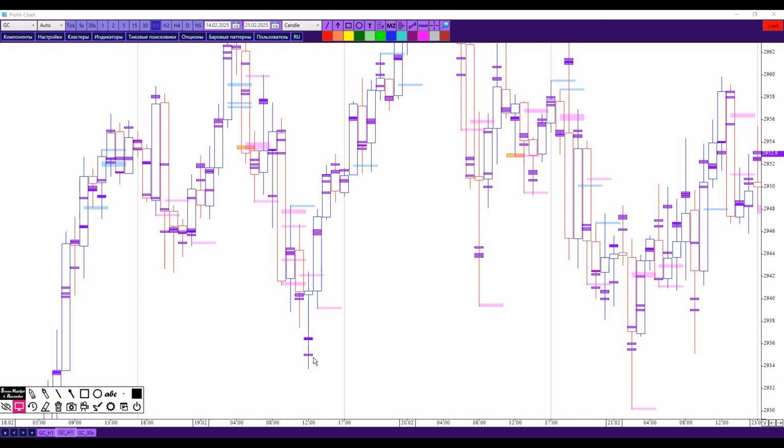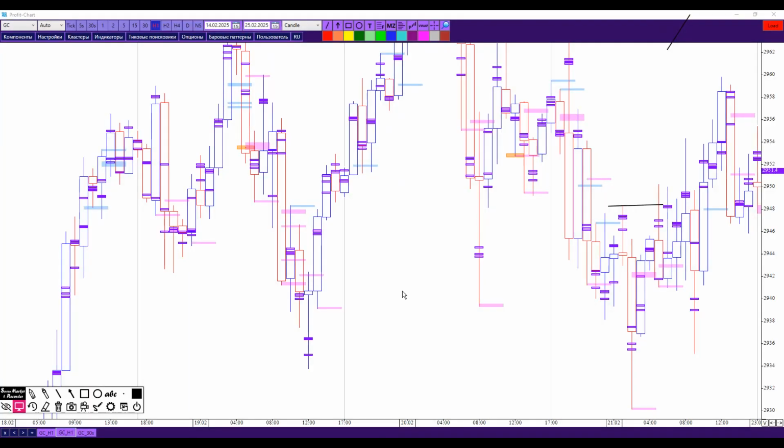Here is the classic pin bar, which is confirmed by three volumes that were located in the lower third of this long candle. Accordingly, this handsome pin bar gave this movement. Or, for example, a pin bar is a short body, a long candle, confirmed by three maximum volumes and upward movement, well, such.